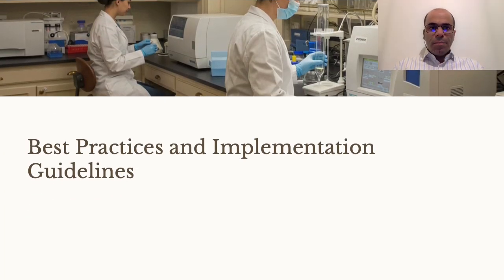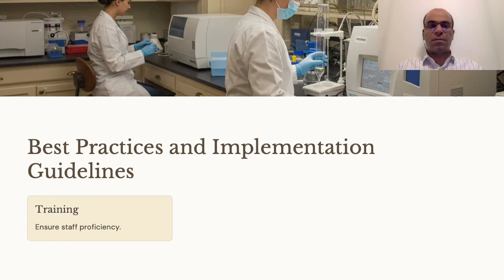Now let's see best practices and implementation guidelines. Implementing robust protocols ensures reliable and reproducible immunoassay results. The following guidelines help laboratories establish effective practices for optimal performance and compliance. Let's see training.